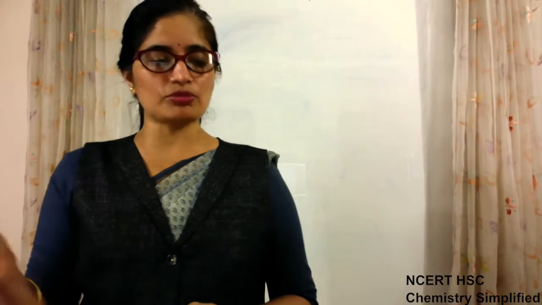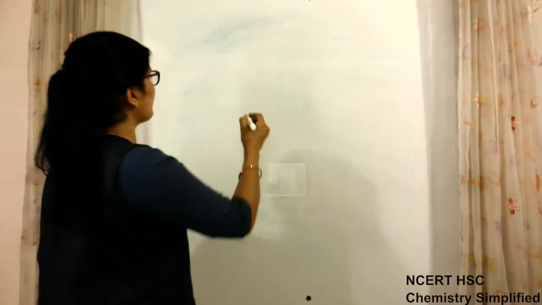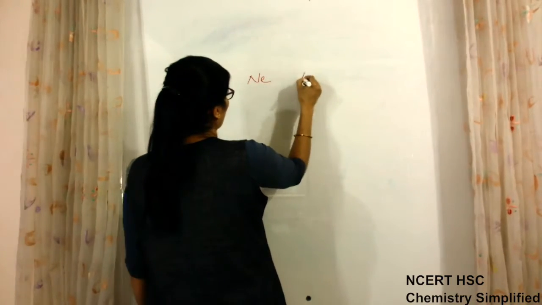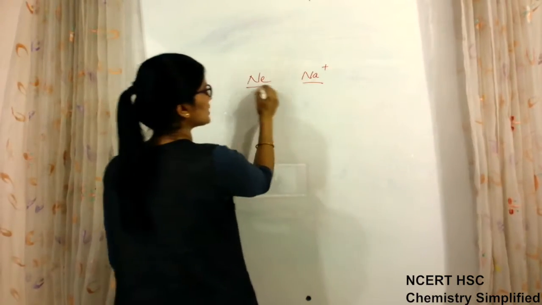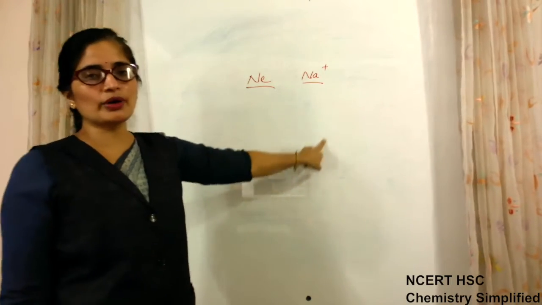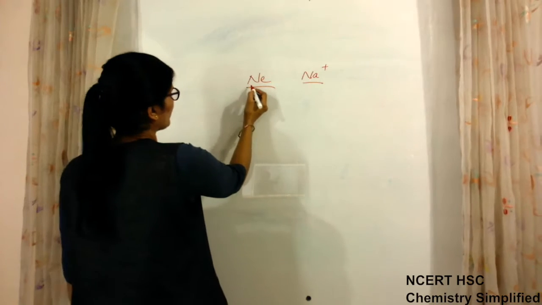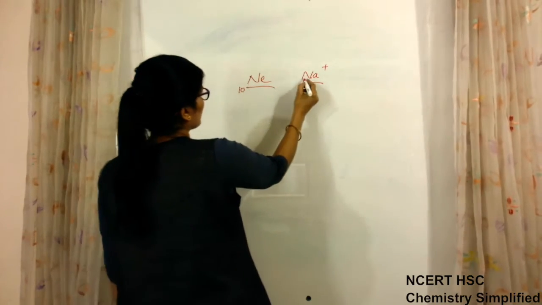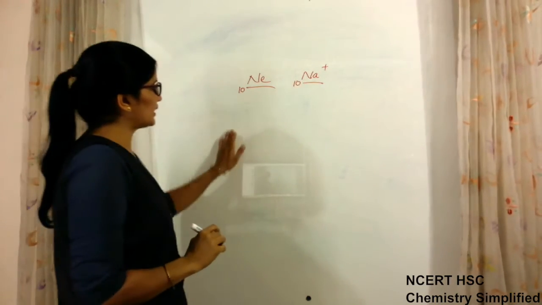They are different forms of the same element which have the same atomic number, but atomic mass is different. But isoelectronic species are different. For example, if they ask for neon and Na positive, these are isoelectronic species. Why? They have the same number of electrons. Neon atomic number is 10, sodium atomic number is 11, so Na positive has 10 electrons. Okay.